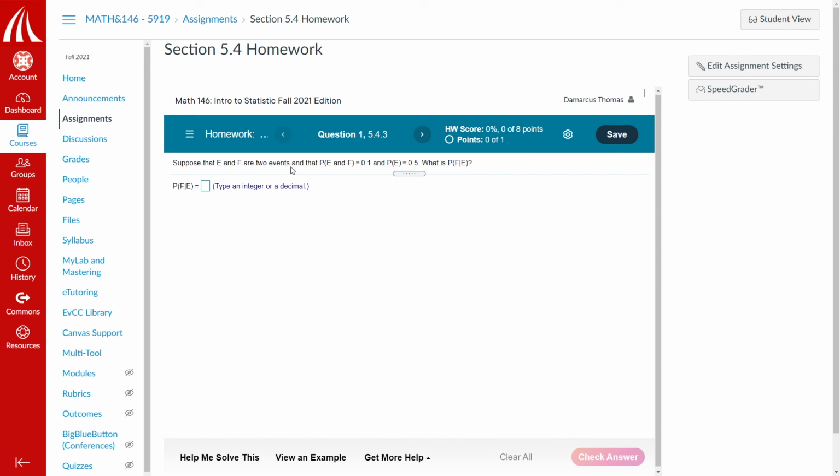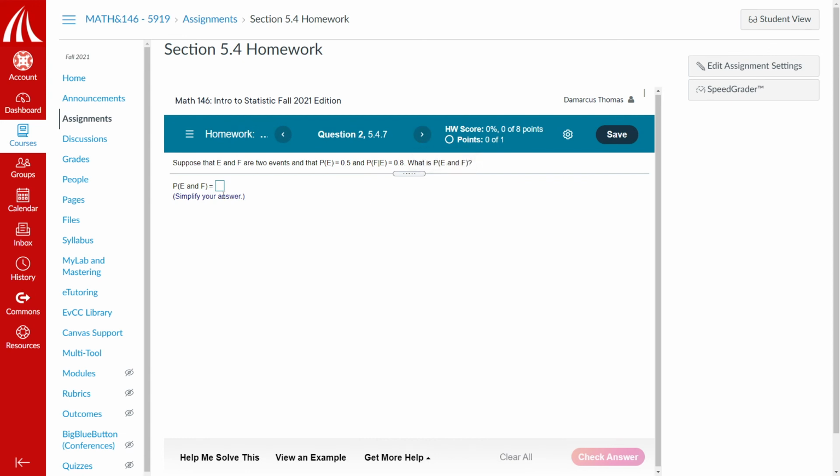Suppose E and F are two events, and the probability of E and F is 0.1, and the probability of E is 0.5. Well, what is the probability of F and E? Okay. Yeah, so this is just a matter of using that formula that we looked at. And once you plug those into the formula, you should be good there.